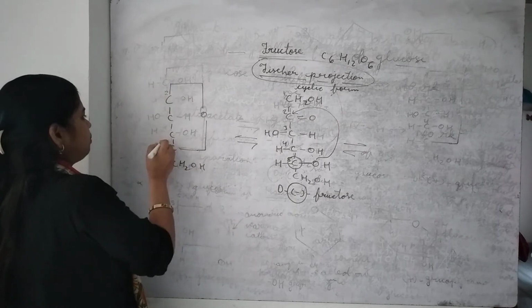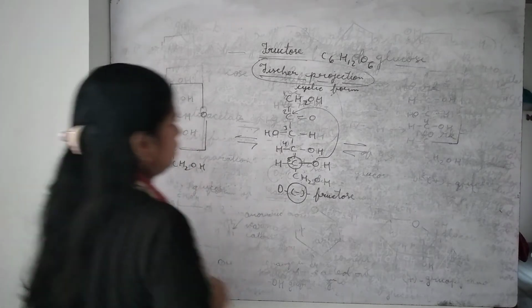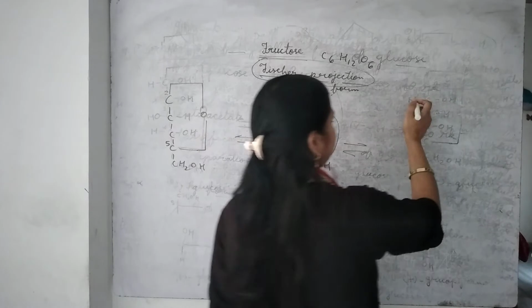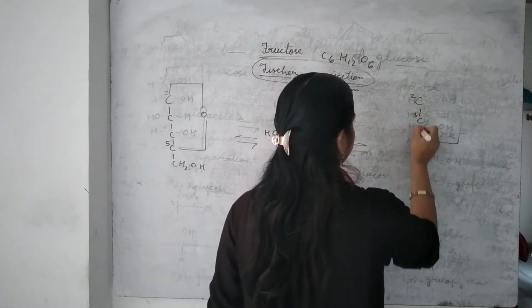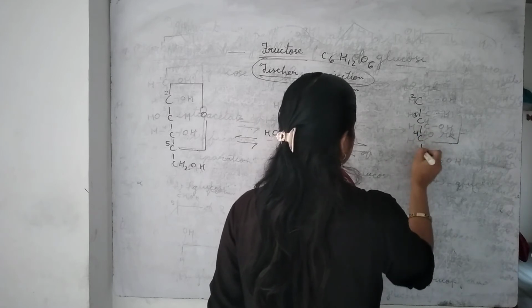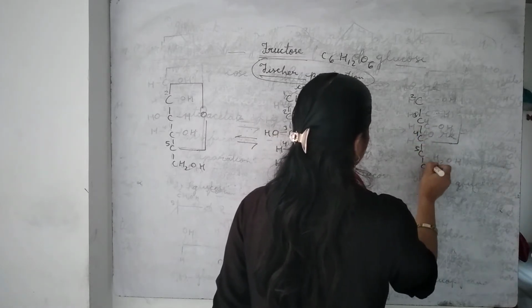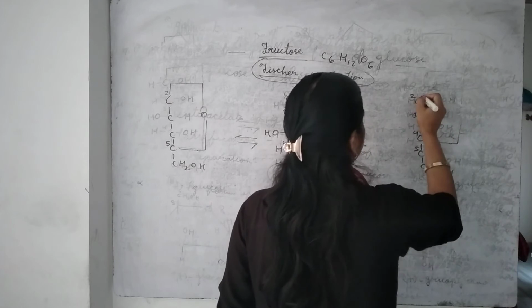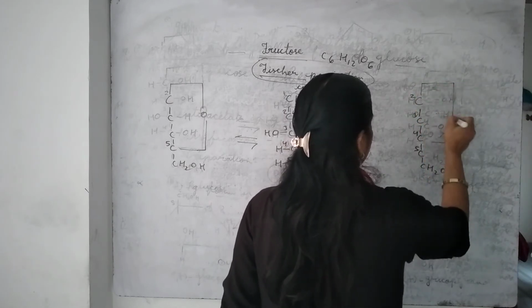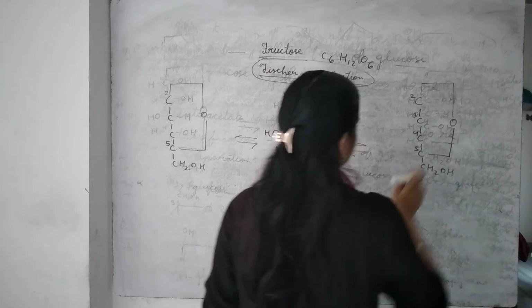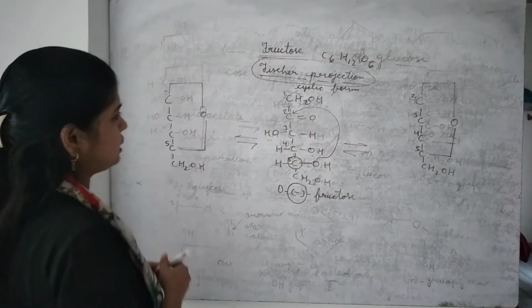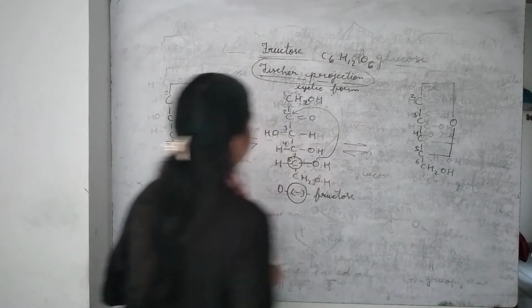This is the second carbon atom and this is the fifth carbon atom. Same thing will be observed over here also. This is the second carbon atom, third, fourth, and this is the fifth one. This last one is a primary alcoholic group. The second carbon atom and fifth carbon atom are bonded to each other through oxygen.